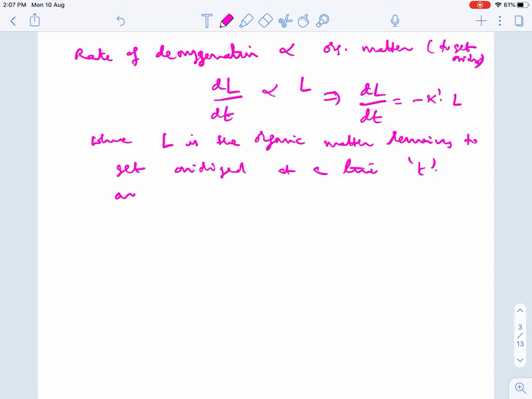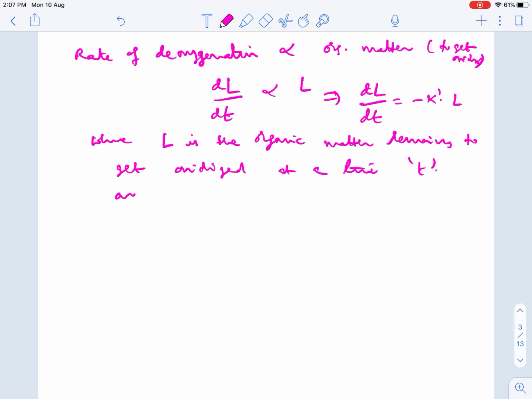And what is that K dash? K dash is the deoxygenation constant. Usually at 20 degrees centigrade, this is equal to 0.1 per day.